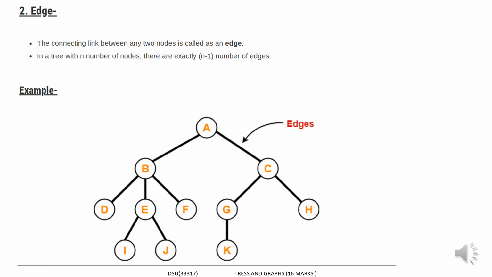In this example, there are 11 nodes, so the total number of edges is 10. We can check here, there are 10 edges: A to B, A to C, and so on. In this tree there are 11 nodes and 10 edges.